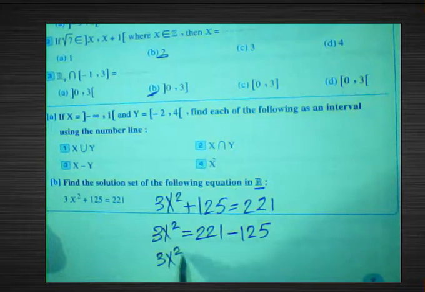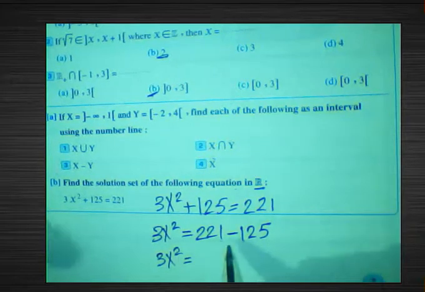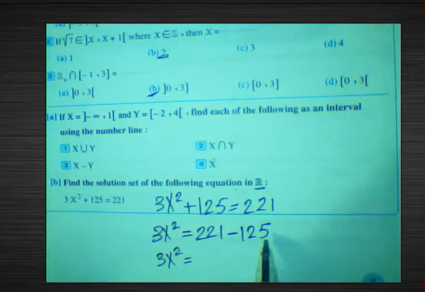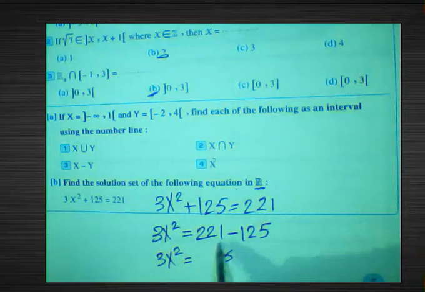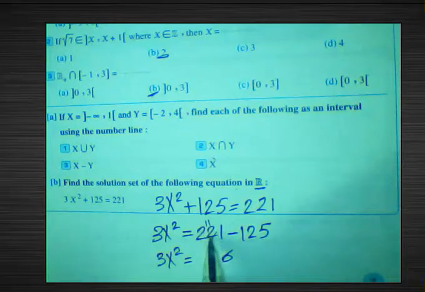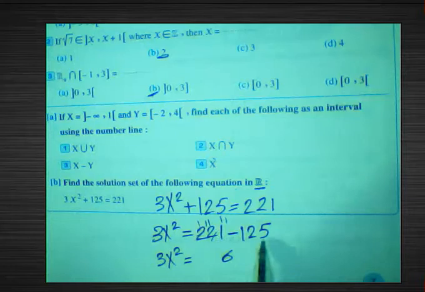We find the result: look with me, 1 subtract 5, we borrow 1 from 2. It will be 11. 11 minus 5 equals 6. 11 minus 2 equals 9. 1 minus 1 equals 0.